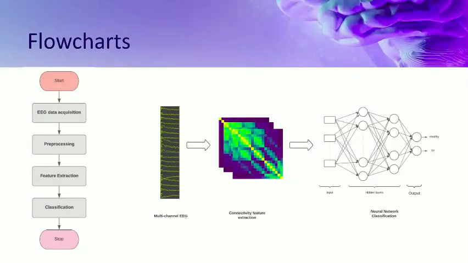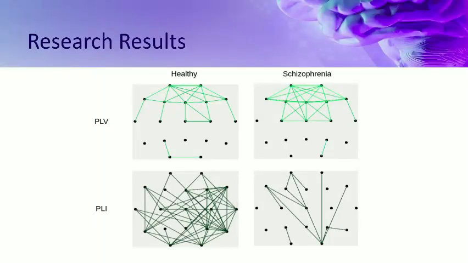Here we have 19 cross 19 matrices, where 19 represents the number of EEG channels. In this matrix, the i, jth value represents the strength of a particular connectivity measure between the ith and jth channel. So we have a full matrix, and we can use those matrices as an input to our neural networks for classification.